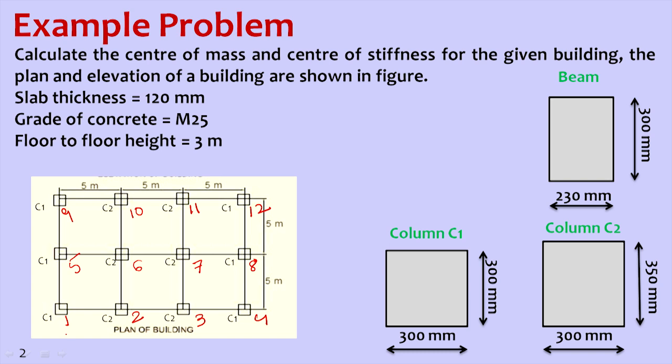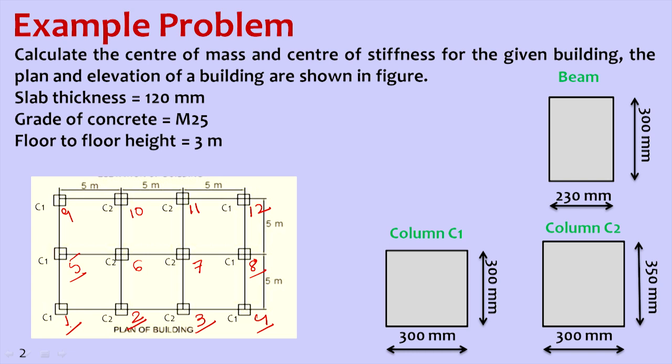The first column is a C1 type of column, the second is a C2 type, the third one is a C2 type, and the fourth one is a C1 type. Similarly for all other frames also, we have the first and the eighth as C1.